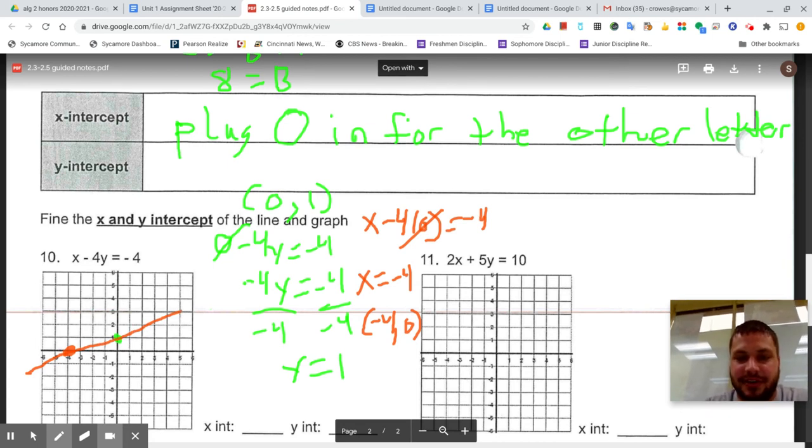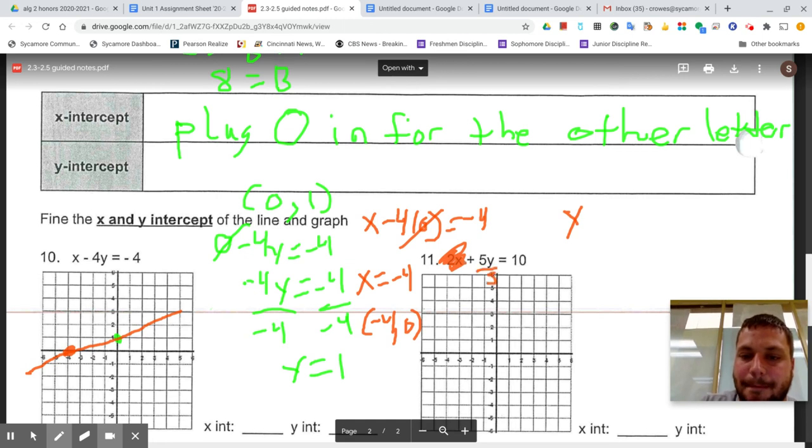Now, look, because 0 cancels things out, this is a quick way you can do this. If I want to find the y-intercept, I'm going to plug 0 in for x. Well, you know what that does? To find the y-intercept, I just cross out the x part and solve for y. So y equals 2.